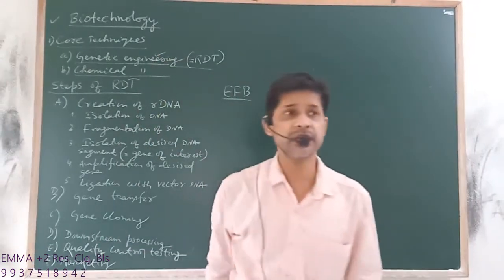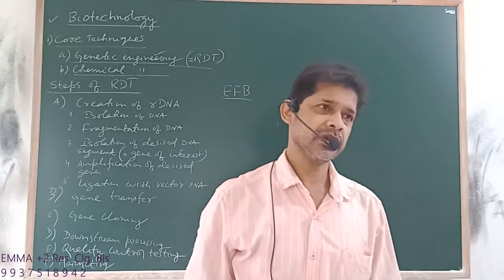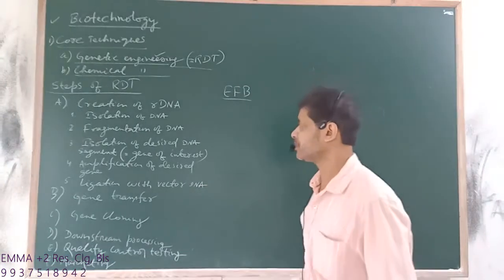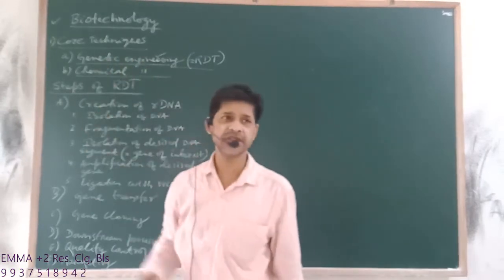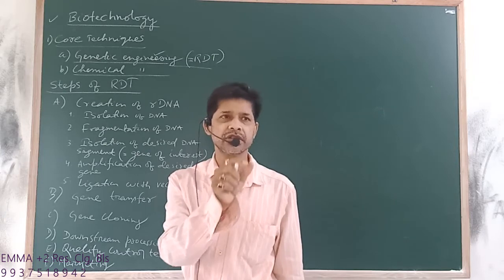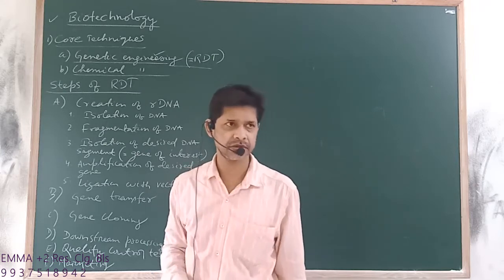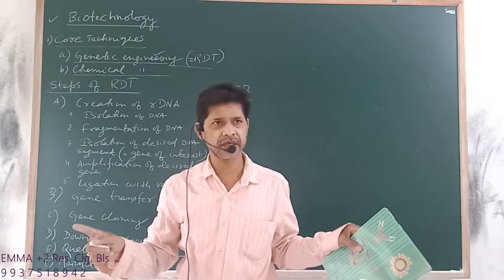Engineering means manipulation. What type of manipulation? Here we are going to manipulate a gene. From molecular biology, you know gene is nothing but a DNA segment. DNA is a very long molecule. It is the genetic material.